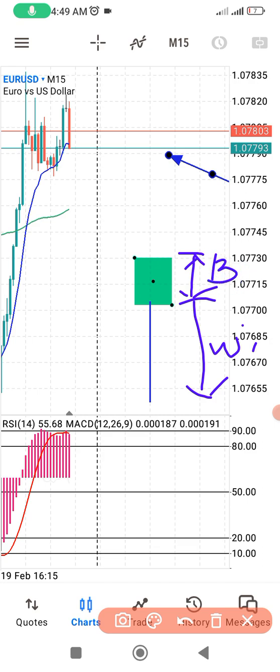The body must not be up to the wick. That is the wick, the point of rejection that we are seeing down like this. This wick must be at least 2 times the body. So that is a valid pin bar.